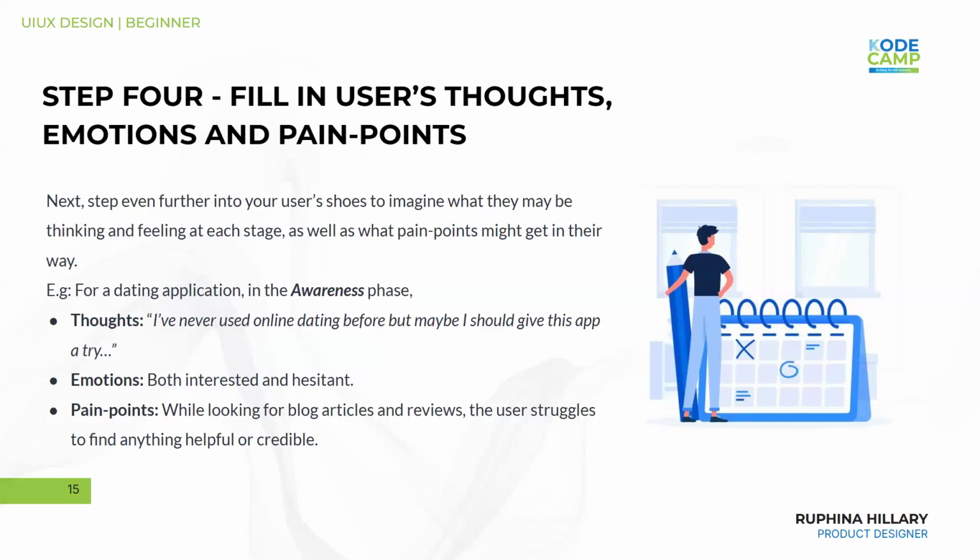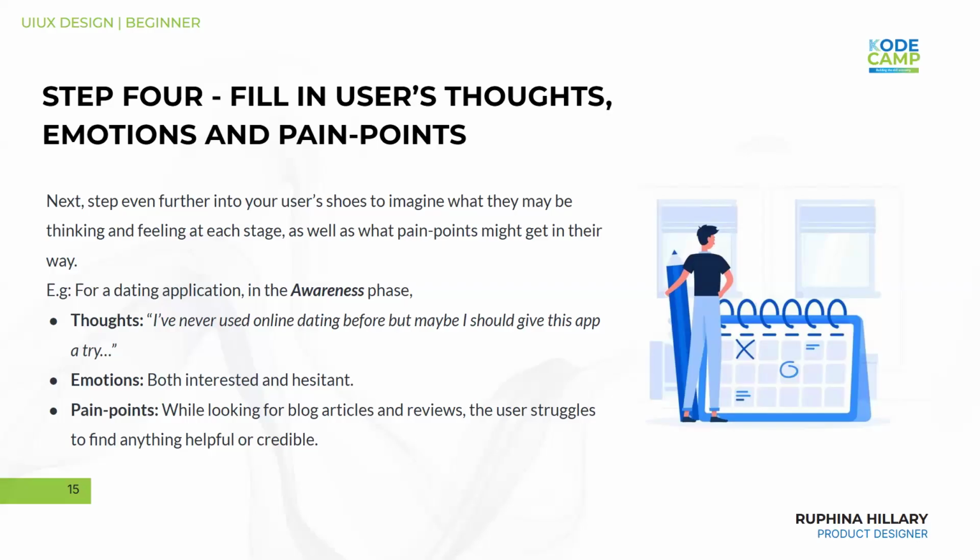So for someone that is both interested and hesitant, what they would typically do is look for reviews and articles on your product to see if it would give them what they want, because they are interested, but they're still a bit skeptical.